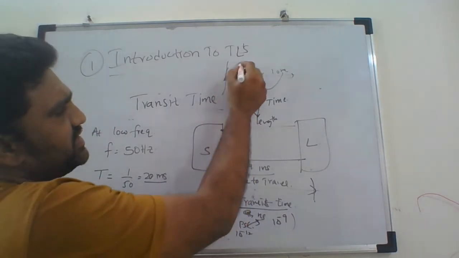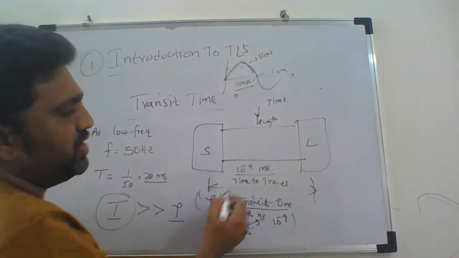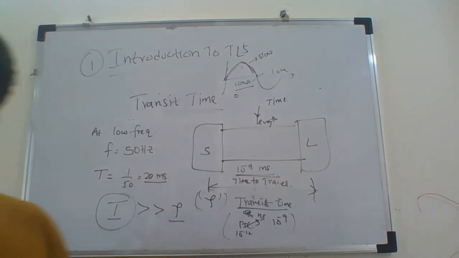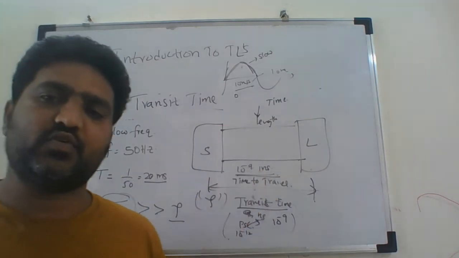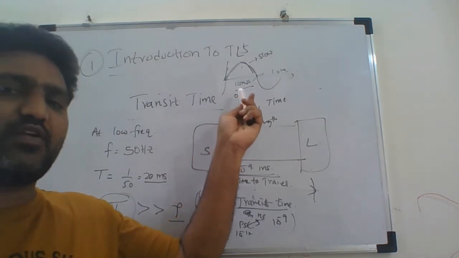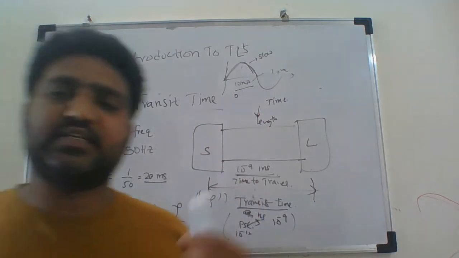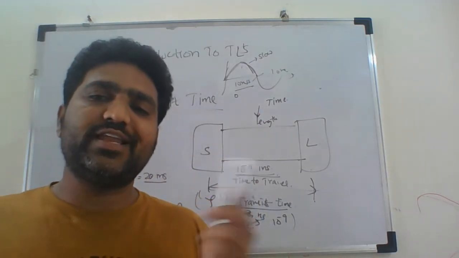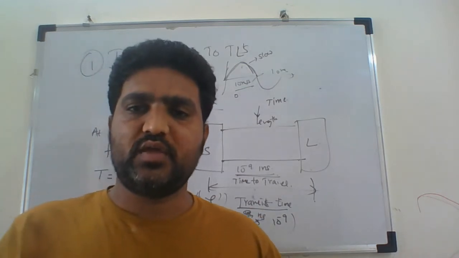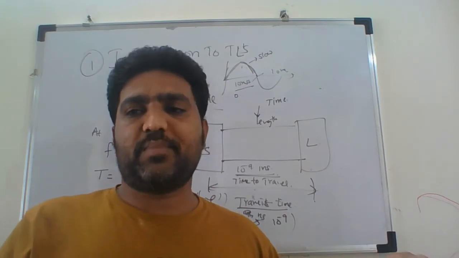The rate at which the signal is changing is very slow when compared to the time it takes to travel through the transmission line. So the signal is changing very slowly compared to the velocity at which it travels. It is traveling very fast, so absolutely no problem.